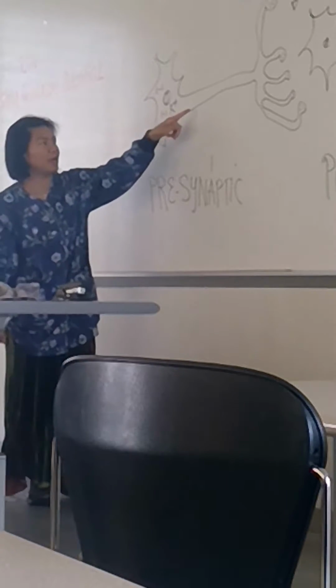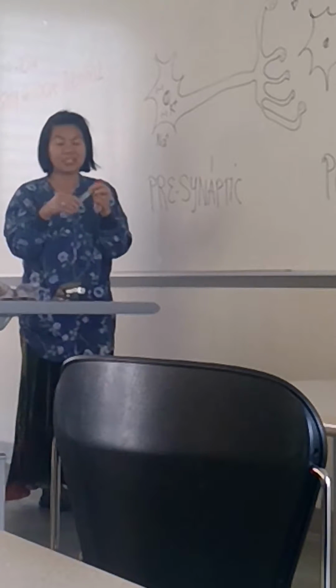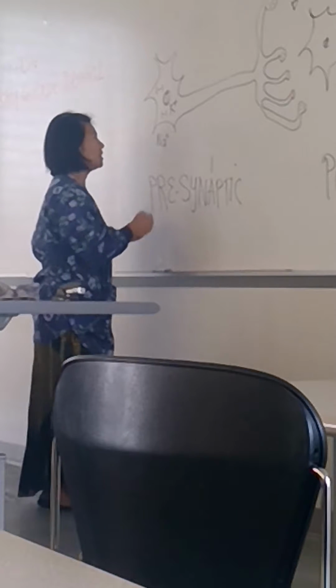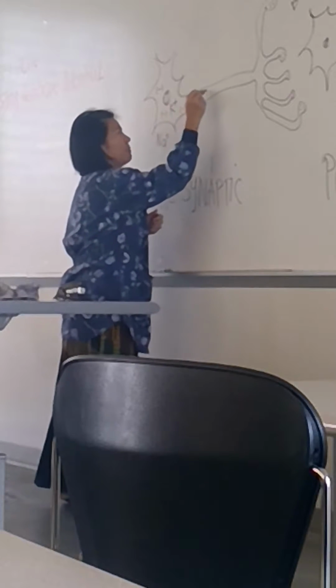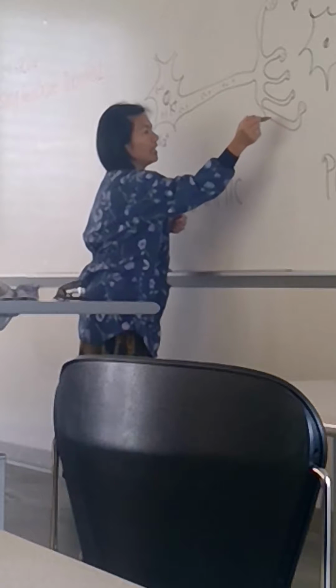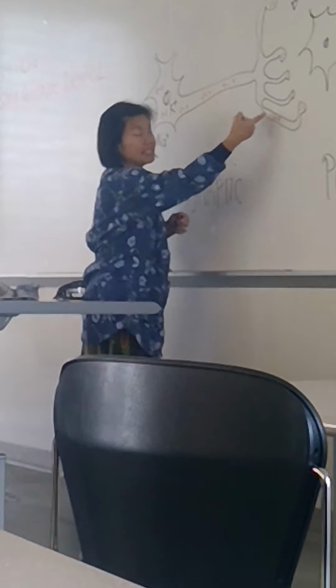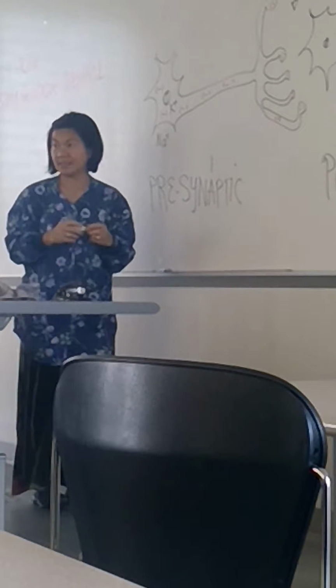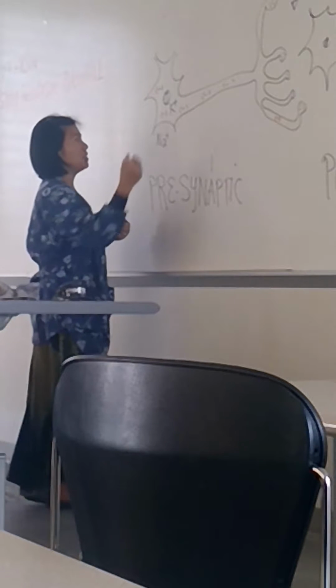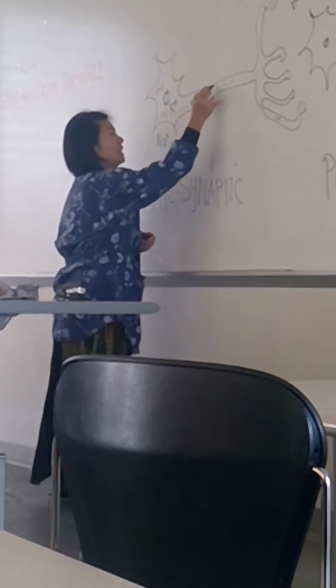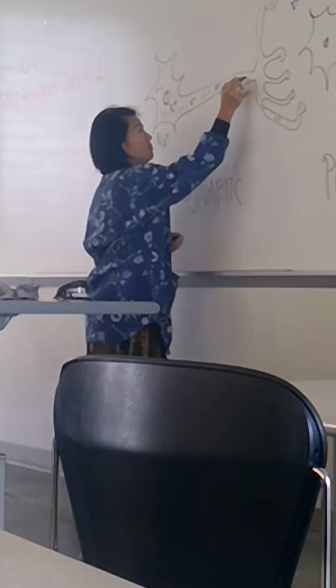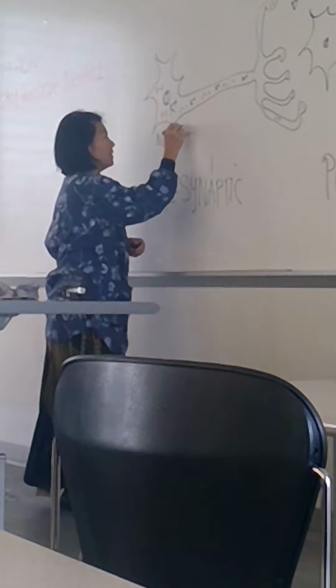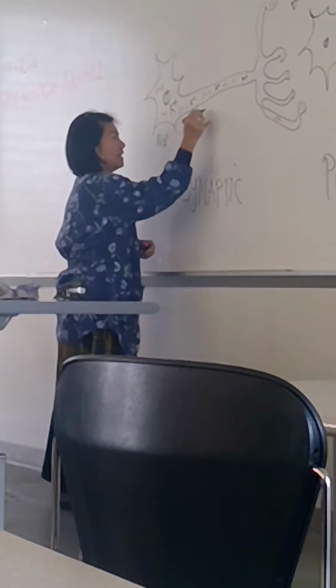Where is the negative charge? Everywhere it's negative, minus 70, all the way, because this is inside the cell. And where is potassium abundant? All inside. And there's lots of sodium all outside.